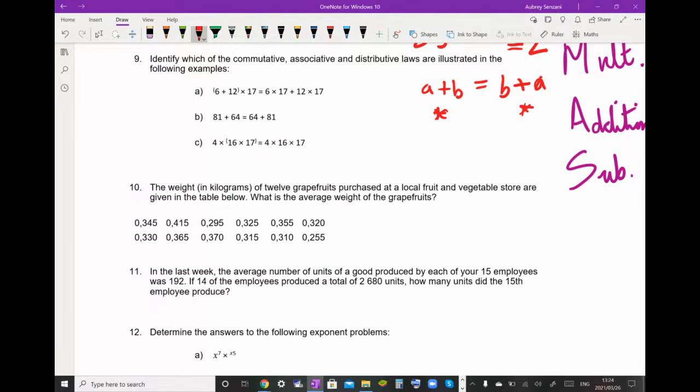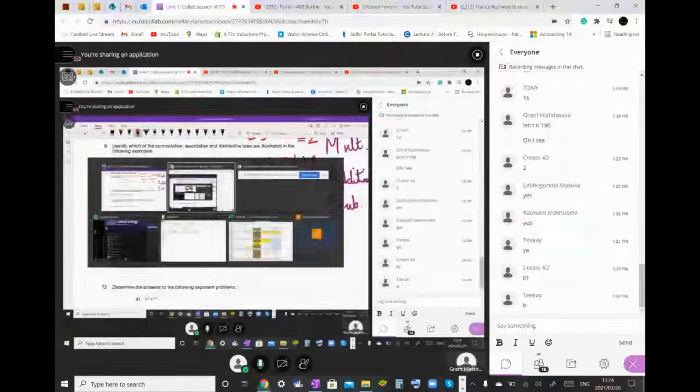Okay, so which one is the commutative law? Somebody tell me there in the chat. Which one there is a commutative law? I hear you guys.